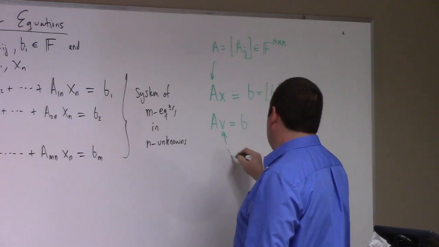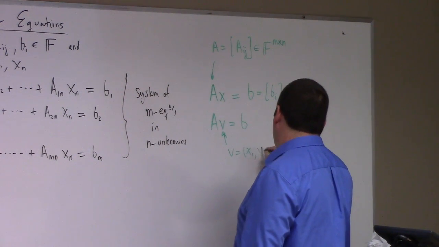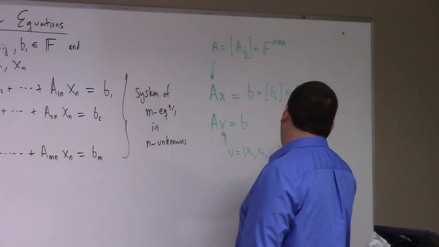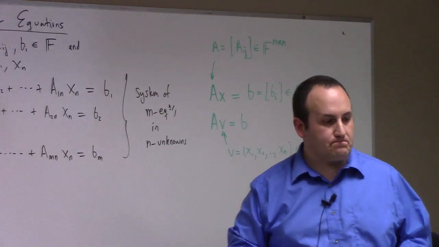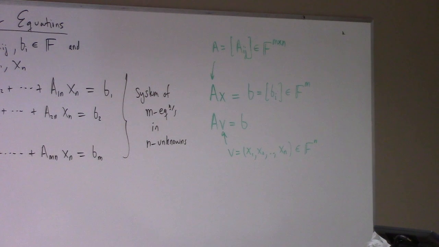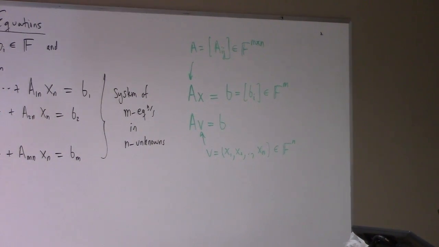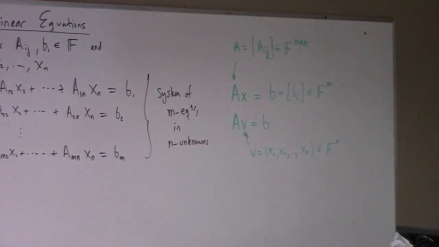All right, so v, that would be an element of F^n in principle. All right, so that's an arbitrary system of linear equations with n variables, and we've got m equations, all right?